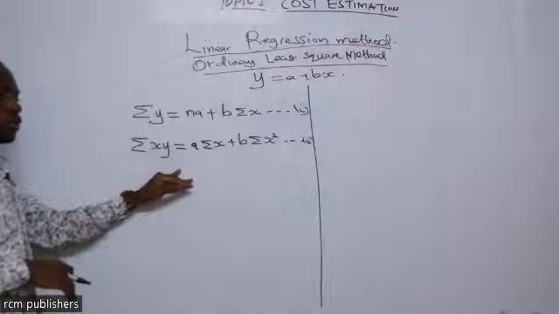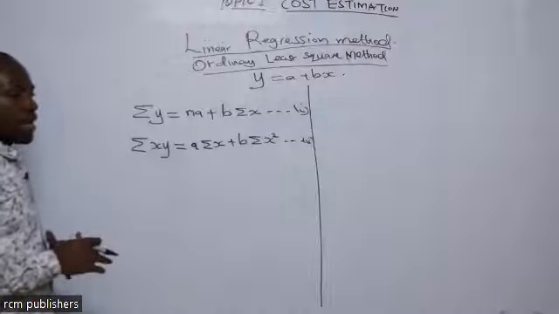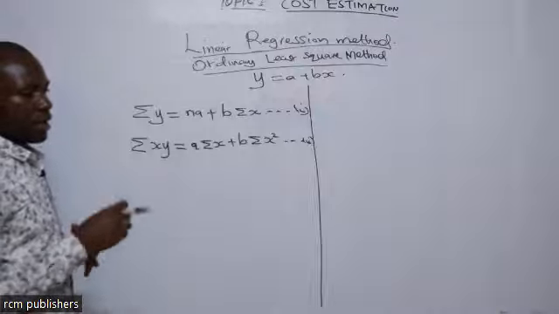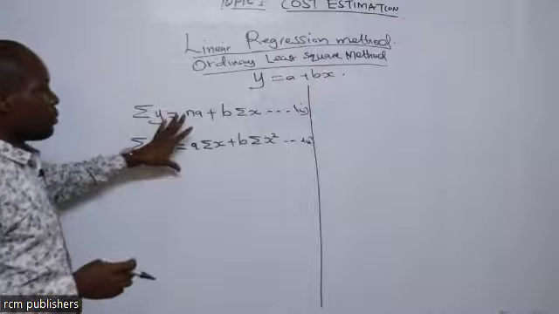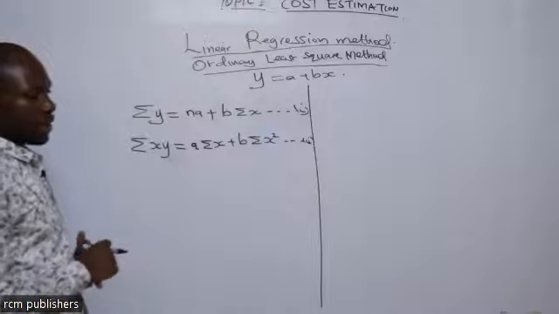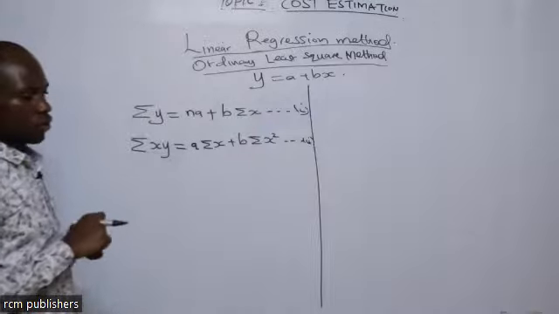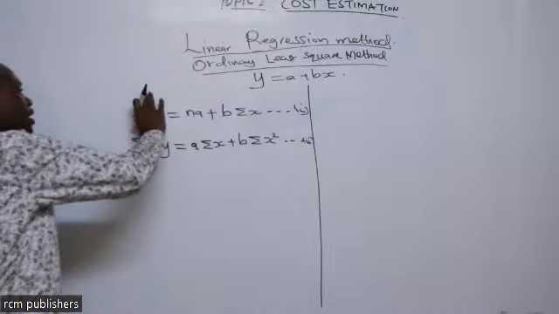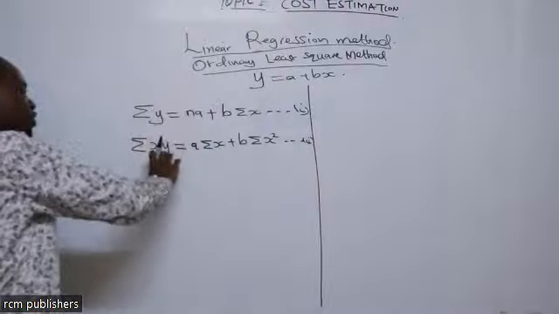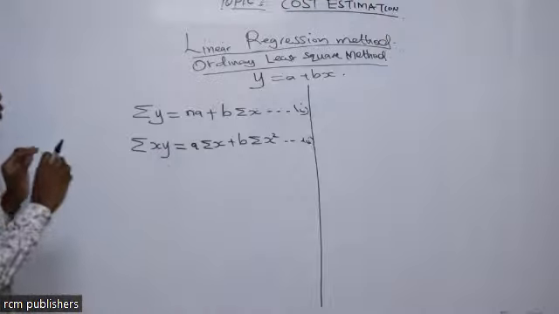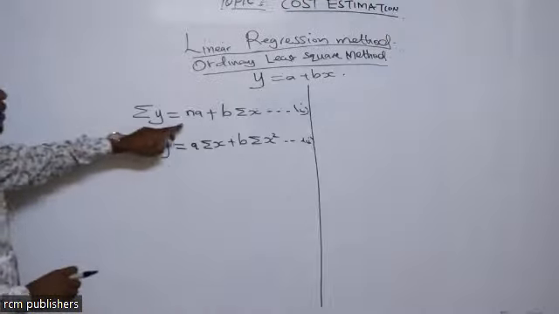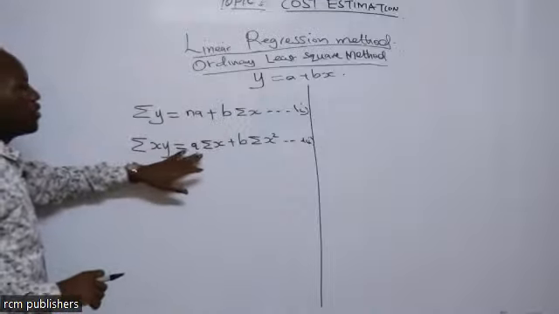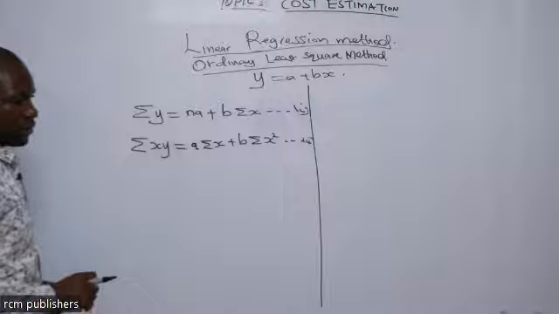That's number one. Number two, we can also apply a calculator. We can apply our calculator to help us get these values directly without taking a lot of time. So once this is done, this is the original function that is normally being condensed to give us the value of B directly, to give us the value of A directly.